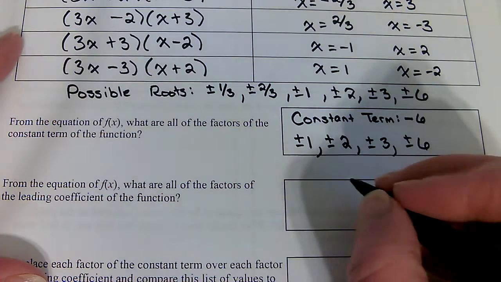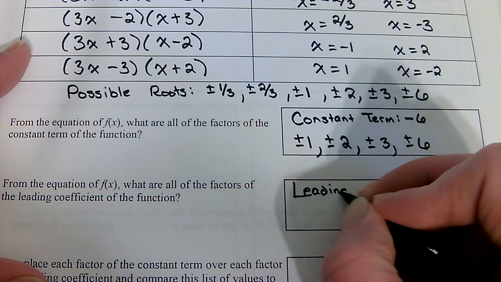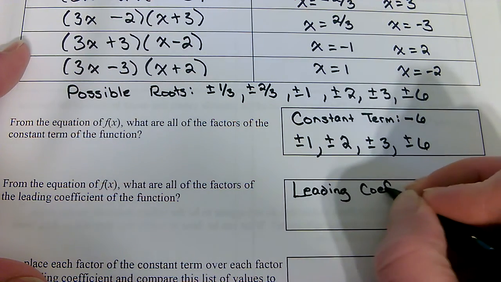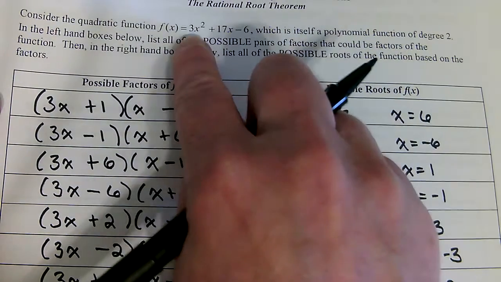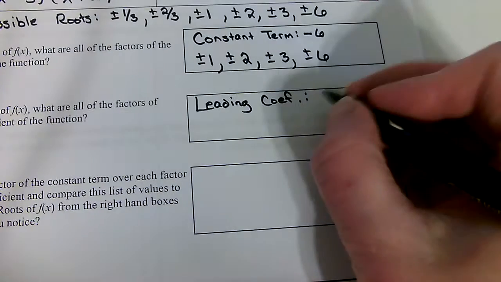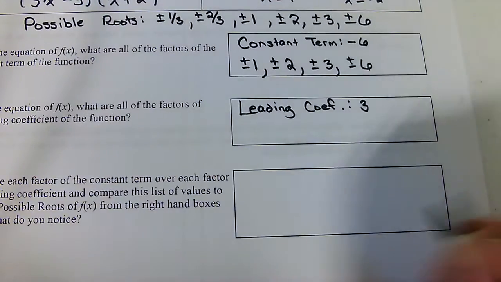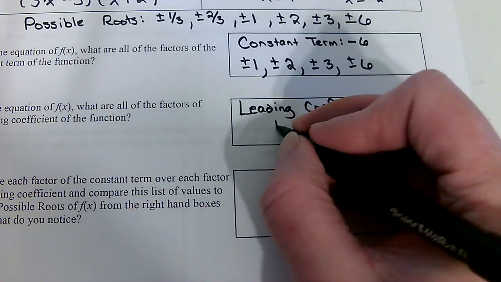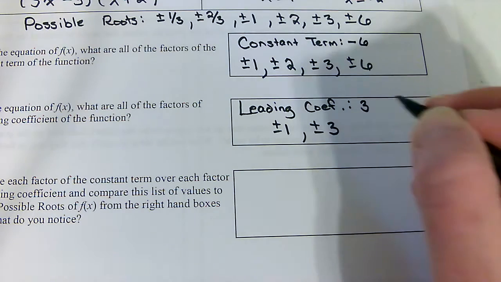Now let's look at the leading coefficient. The leading coefficient is the very first number in the polynomial. The leading coefficient is 3. What are the factors of 3? Well, positive and negative 1 and positive and negative 3.